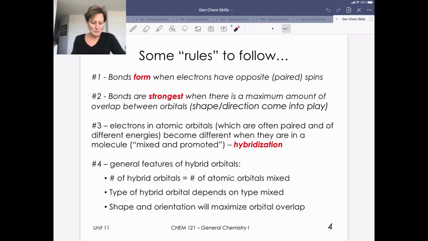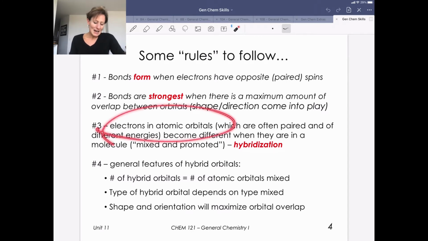So that rule is going to be similar here. When we think about how strong a bond might be, the bonds are going to be strongest when there's a maximum amount of overlap between the orbitals used for that bond. So this is where concepts that we learned about with shape are going to come into play. So we're going to have to think about shape and direction.